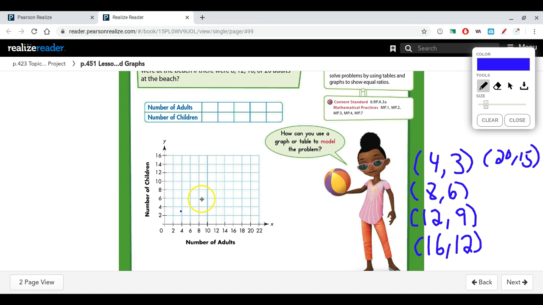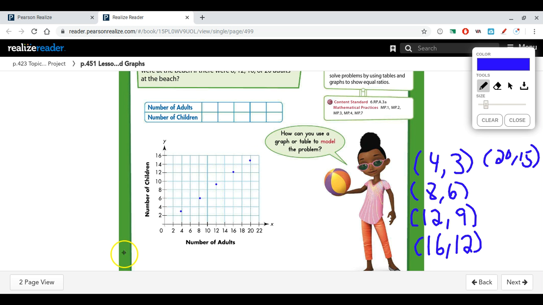Then 12, 9. Again, I don't have a 9, so I'm going to mark it halfway in between. Then 16, 12, and I'll mark that. And my last one is 20, 15. Again, no marked value, so I'm going to go about halfway in between and mark it.